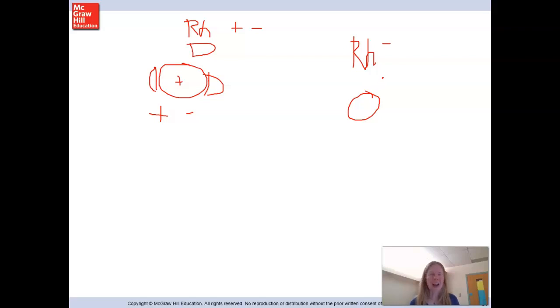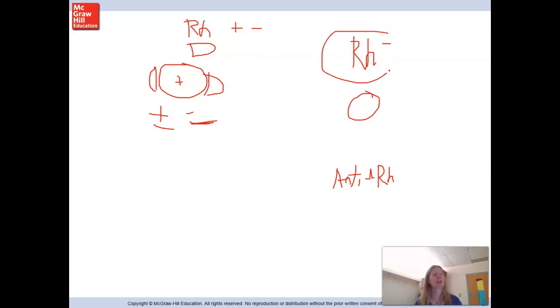Since they don't have that protein on the surface, they've never seen it before, right? They might actually make that anti-Rh antibody.